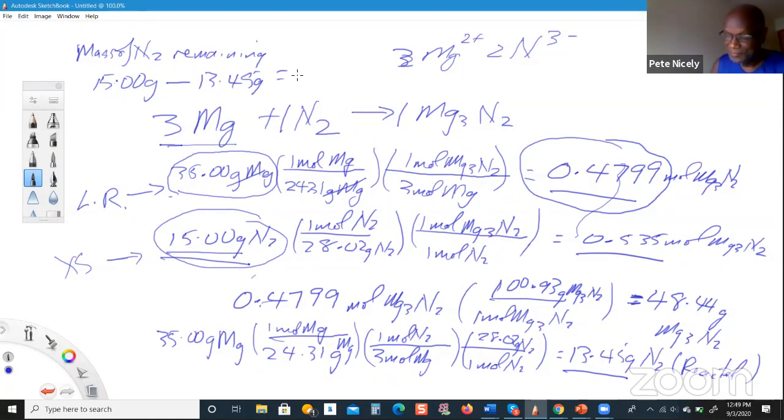So according to my calculation, this works out to be equal to 1.55 grams. So 1.55 grams of nitrogen will remain. So this would be the answer to the B part. All right. Okay, any questions about that particular part of this example?